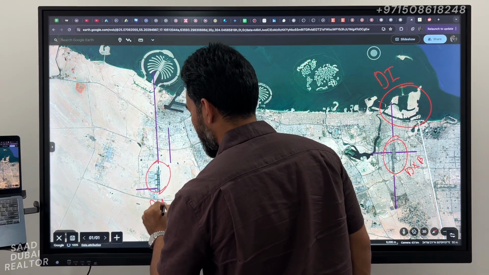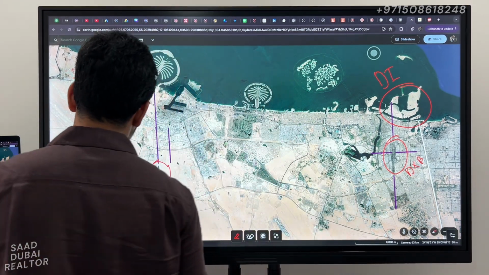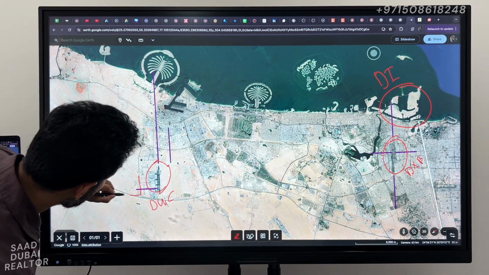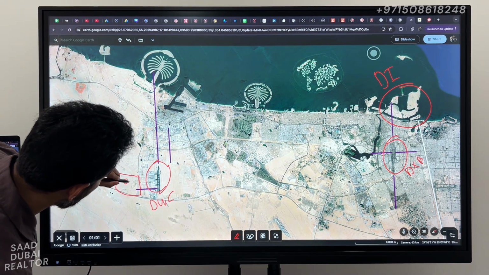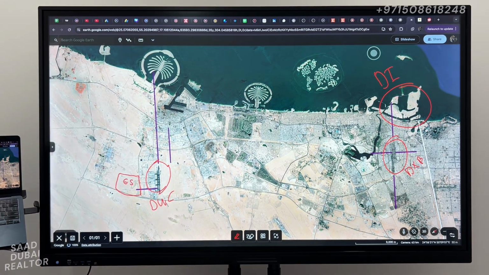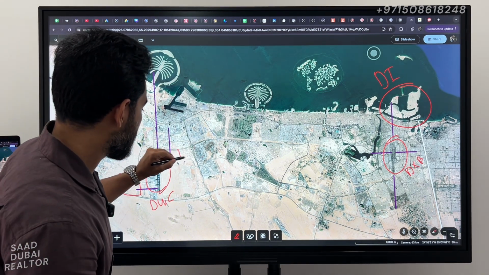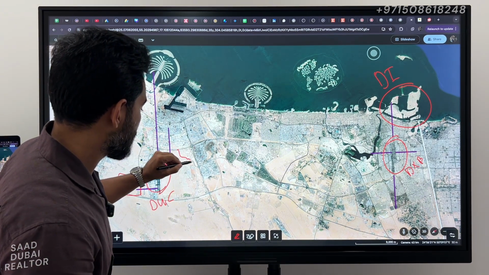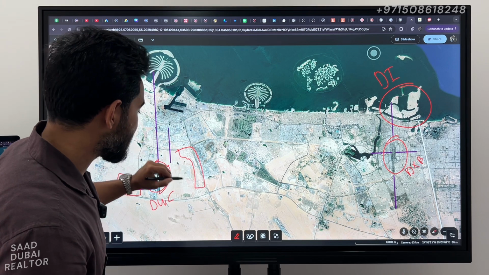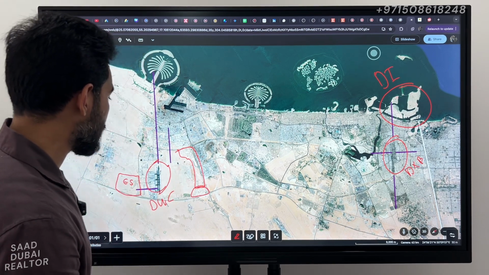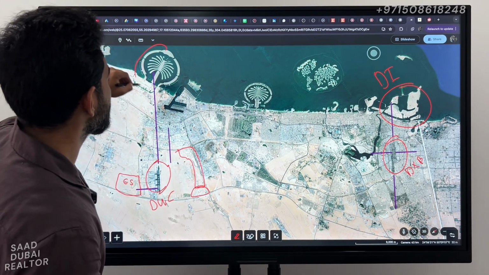This is DWC. This is Emaar South. And this is the current Expo plan. This is the current Dubai South plan. And obviously this is Palm Jebel Ali.